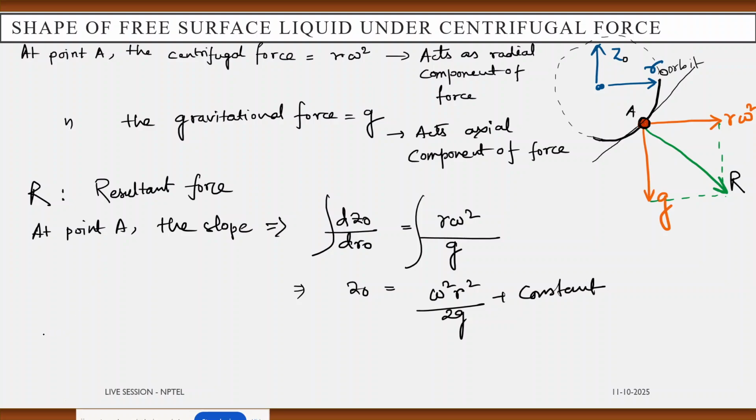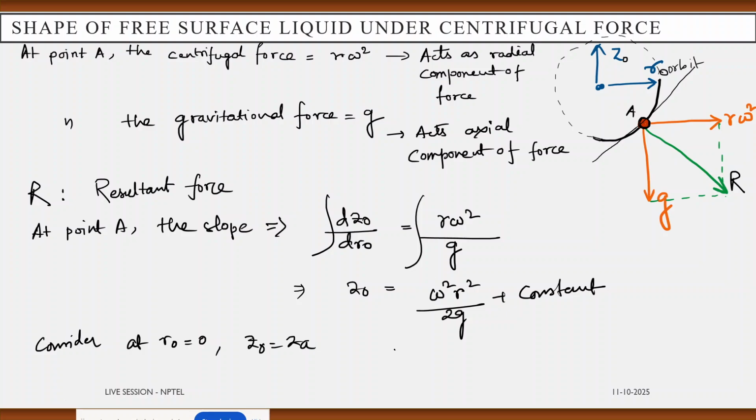One boundary condition you can assume: consider at r naught equals 0, that means at the center of the orbit, the position of the free surface is denoted as ZA.